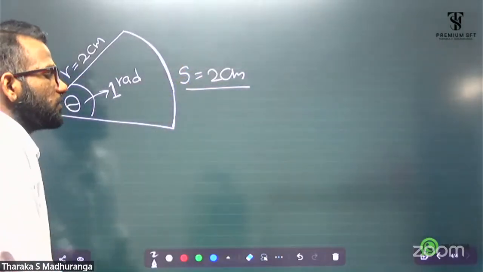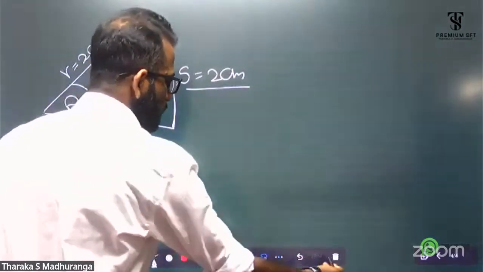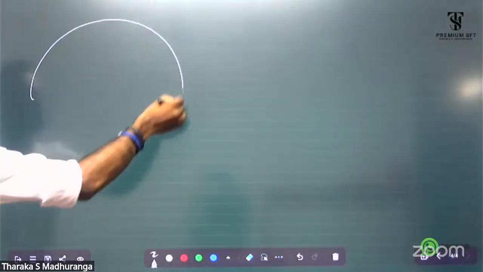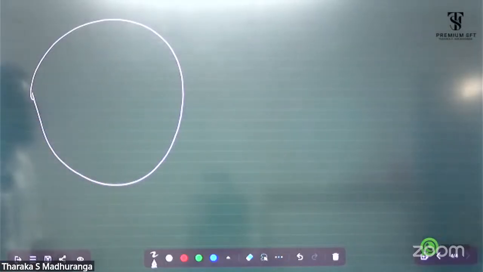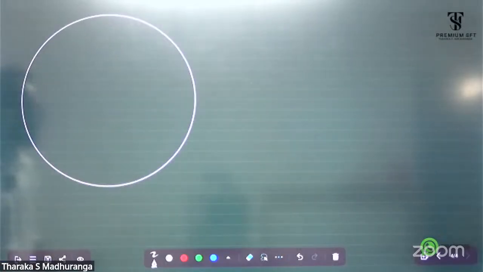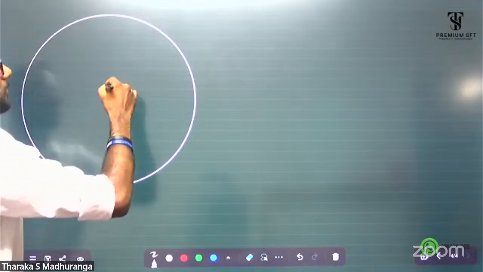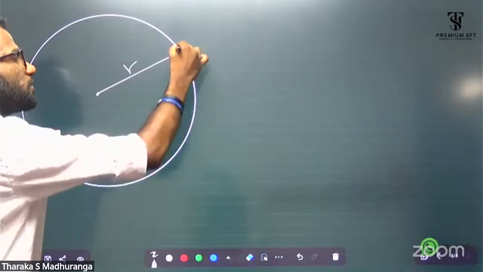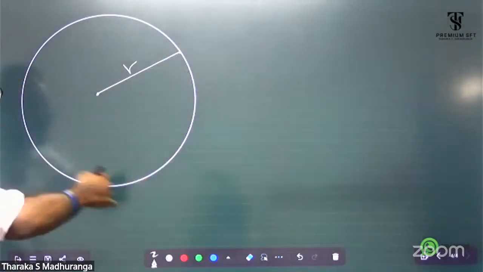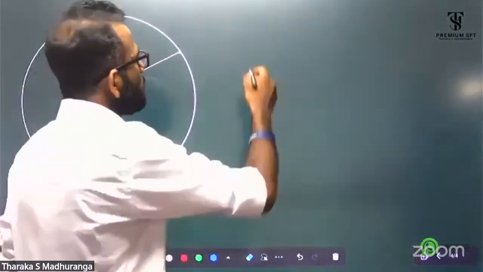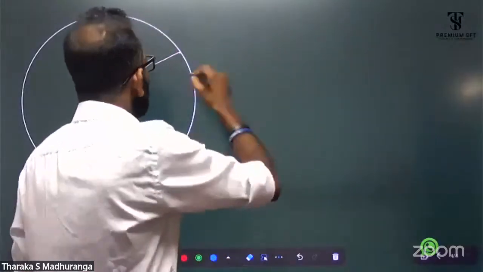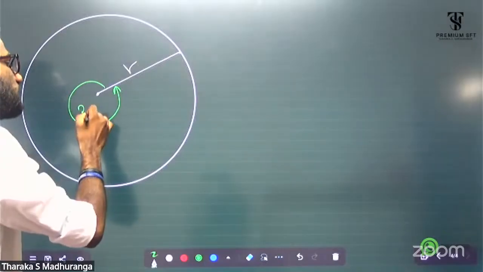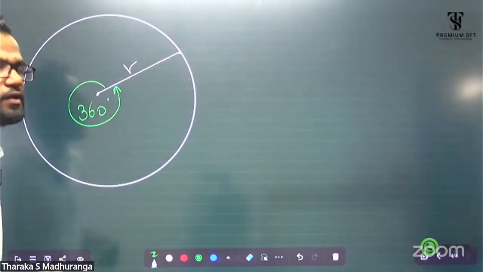Okay, if you have a full circle like this, think the radius r and arc length s. This angle is 360 degrees, the full angle.